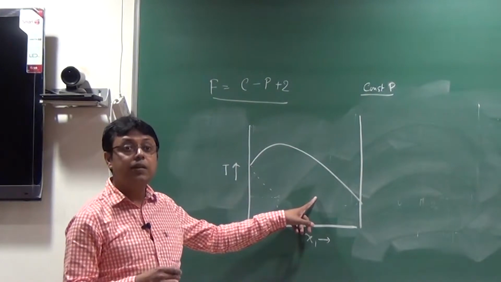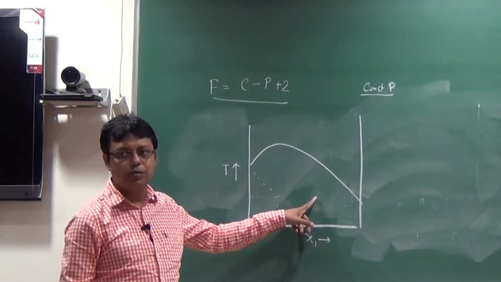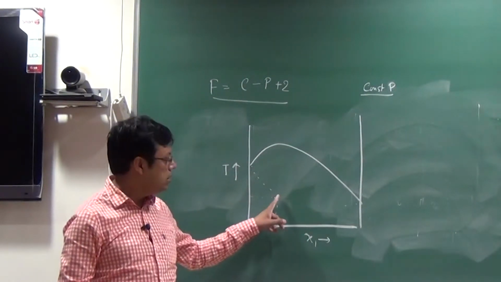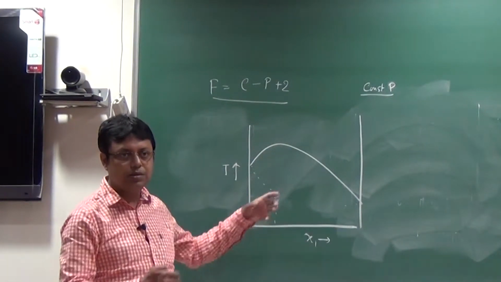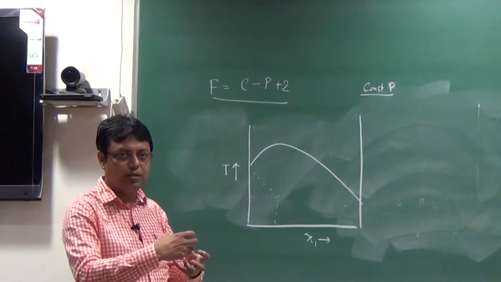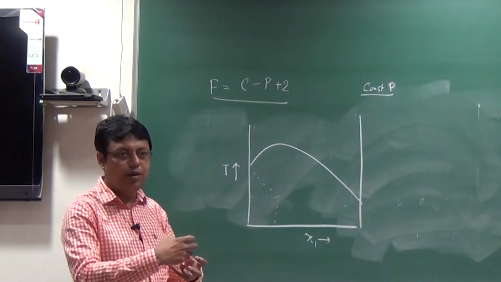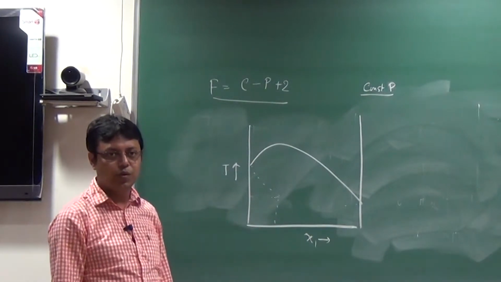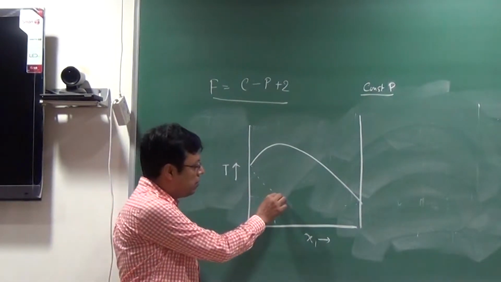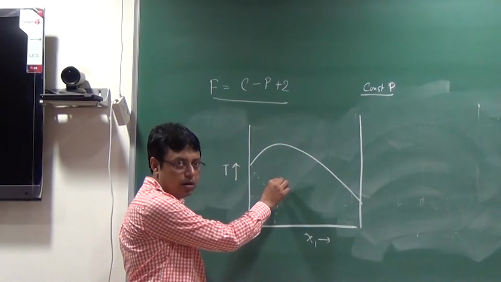But if it doesn't leave, what should happen? Then this boiling temperature should be higher, because they are now attracted together. You are heating it up, but they're still not going out. So this curve will lie higher.